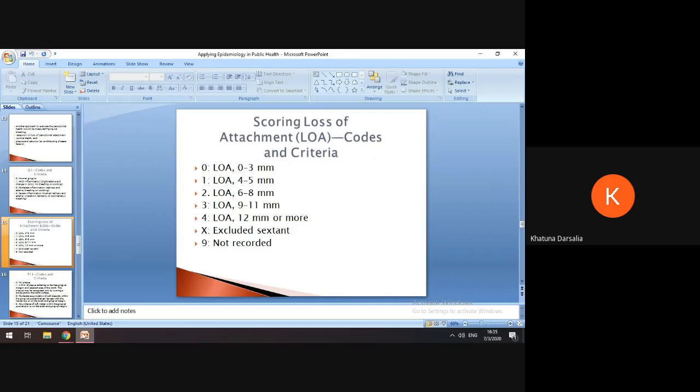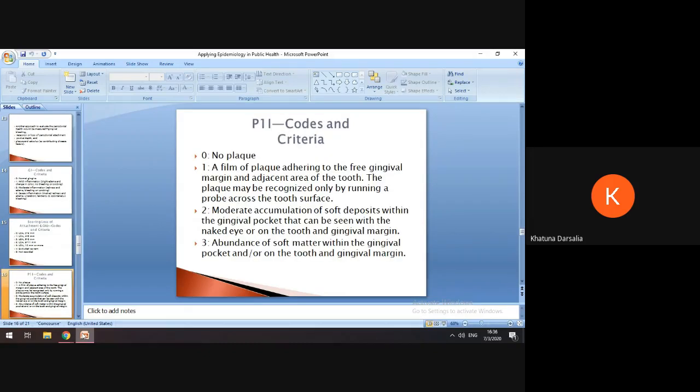Two indices have commonly been used to measure the presence of plaque and calculus. The first is the simplified oral hygiene index, and the second is the plaque index.